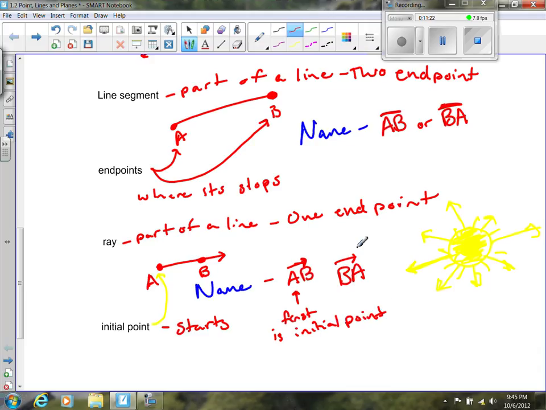So this one did not work. This one works because ray BA would be a ray that would start at B and go through A this way. Sorry. Let me try a different color. That would be ray BA, starting at B, going through A. It's going the opposite direction.